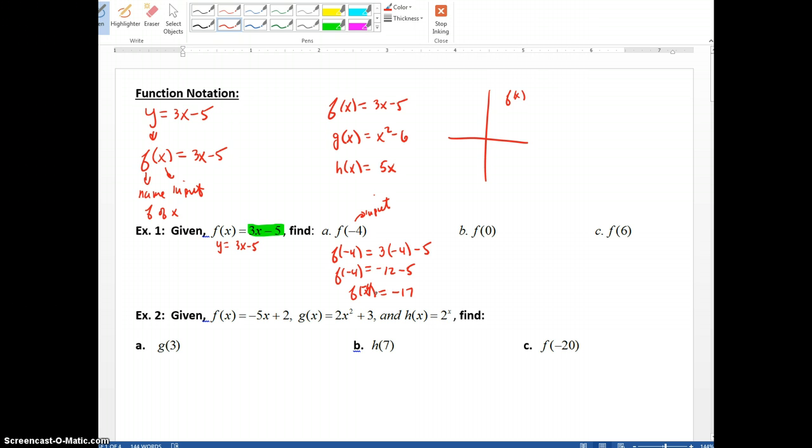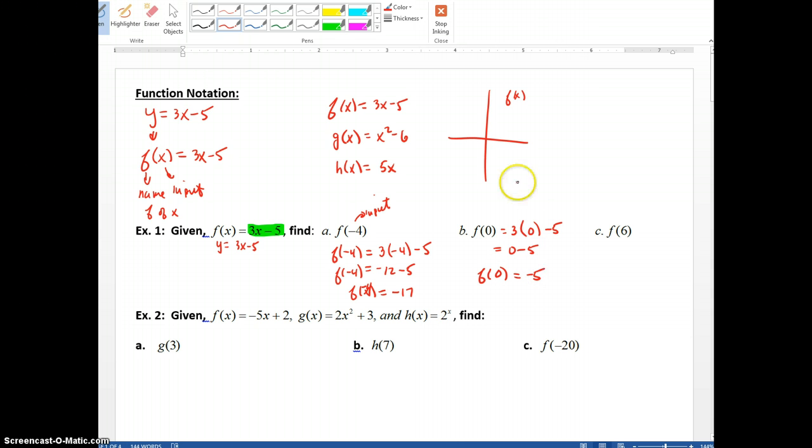So now when I evaluate f of 0, instead of replacing every x with negative 4, it's telling me to input 0 in the place of x. So we would do 3 times 0 minus 5. What's 3 times 0? 0. 0 minus 5 gives you negative 5. So f of 0 is equal to negative 5.